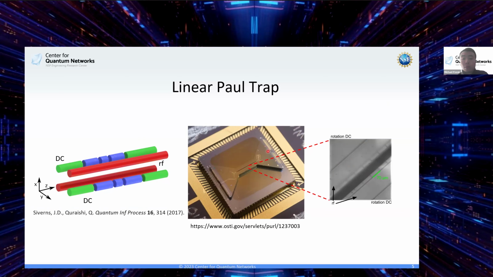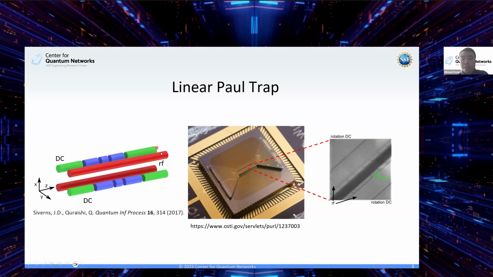And moreover, they typically have many more electrodes, which allows us to do fancy manipulation like shuttling ions around, which can be important for scaling up locally. One disadvantage of the surface trap is that potential wells are relatively shallow because the electrodes are not cylindrically symmetric. You don't have electrodes on top of the ions.